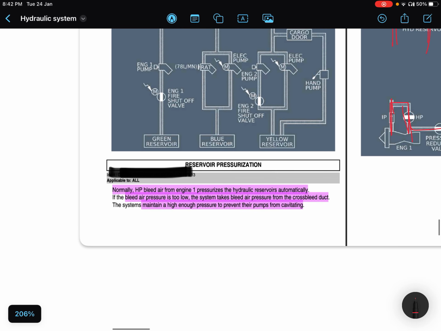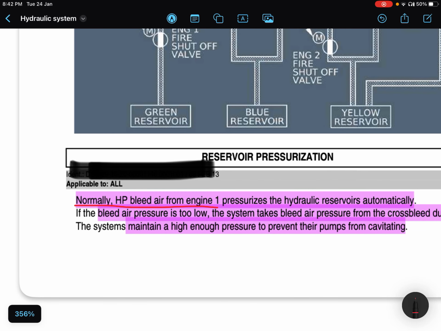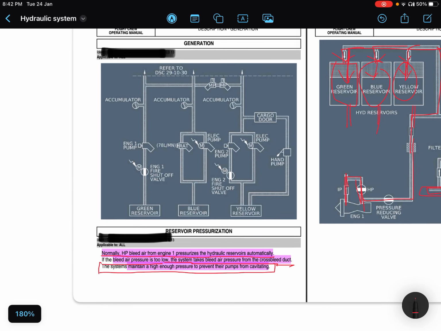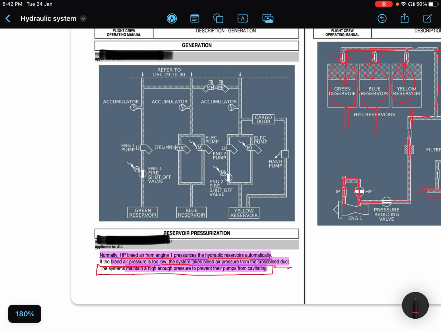Normally, HP bleed air from engine 1 pressurizes the hydraulic reservoirs automatically. If bleed air pressure is too low, the system takes bleed air from the cross bleed duct. The system maintains a high enough pressure to prevent the pumps from cavitation. Why do we need to pressurize these reservoirs?